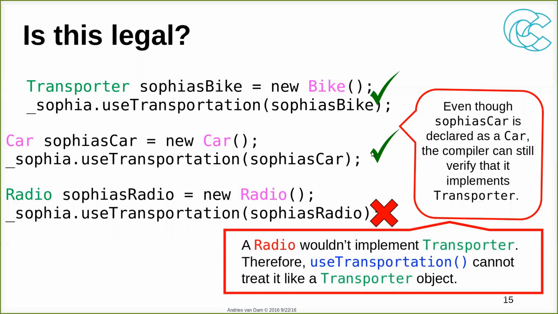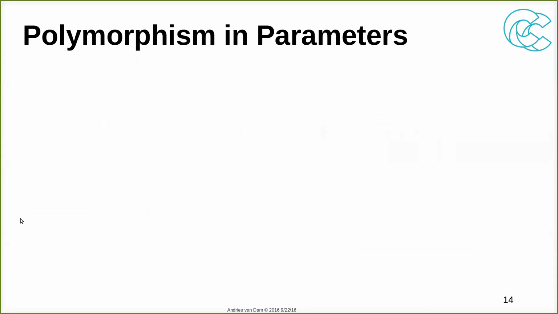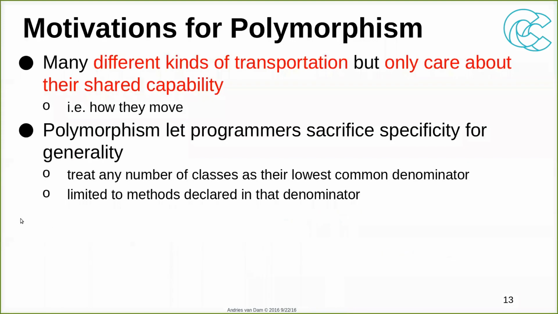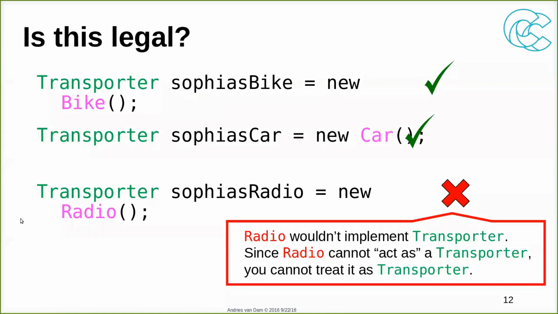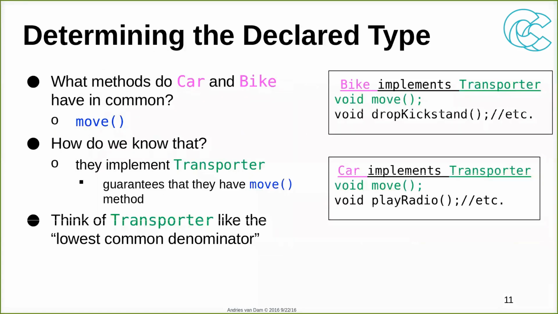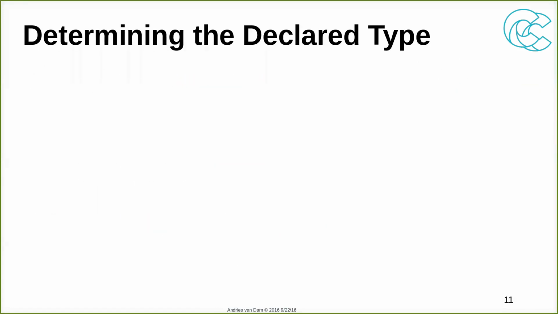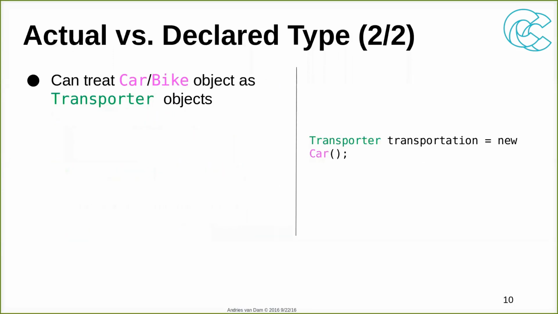Sir, excuse me, I have a doubt. What is underscore Sophia? If we go back to the racer class, where did we declare racer?